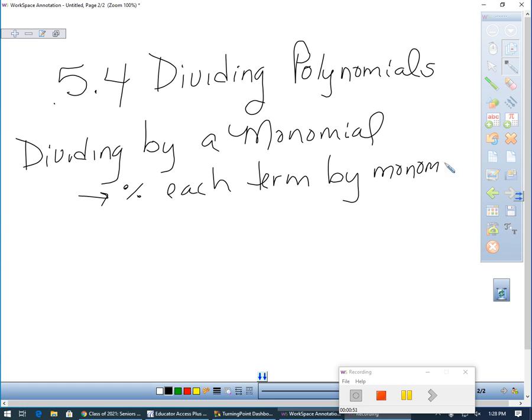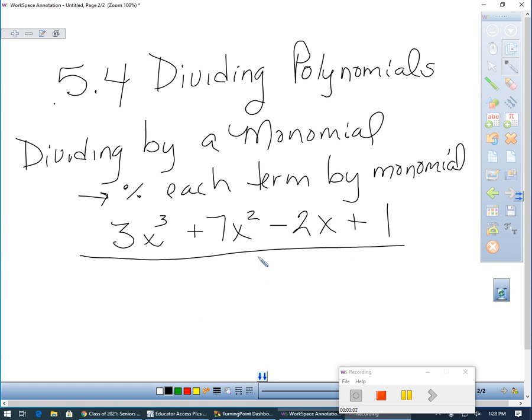All right, so an example of this would be if I had 3x to the third plus 7x squared minus 2x plus 1, and I'm dividing it all by 3x squared.